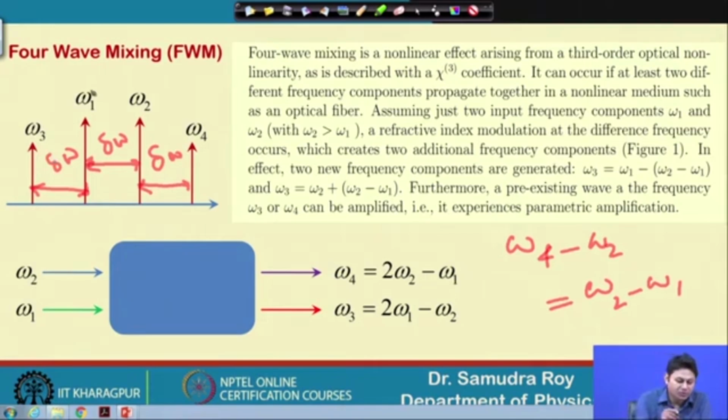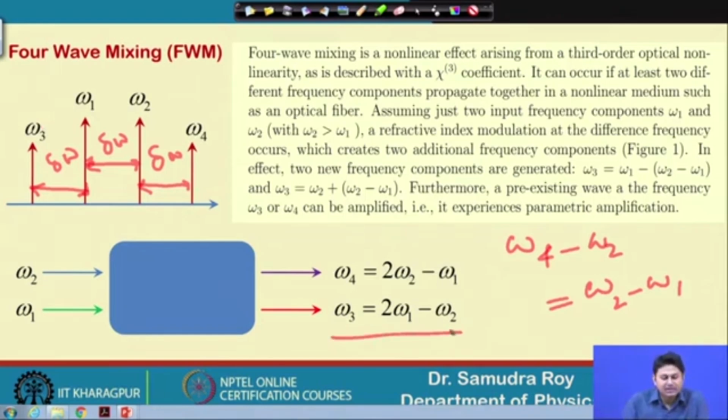So, we have a frequency omega 1, and omega 2 is greater than omega 1. If I take the difference between omega 2 and omega 1, we can generate omega 4, and we also generate another frequency on this side, omega 3, with this relationship.